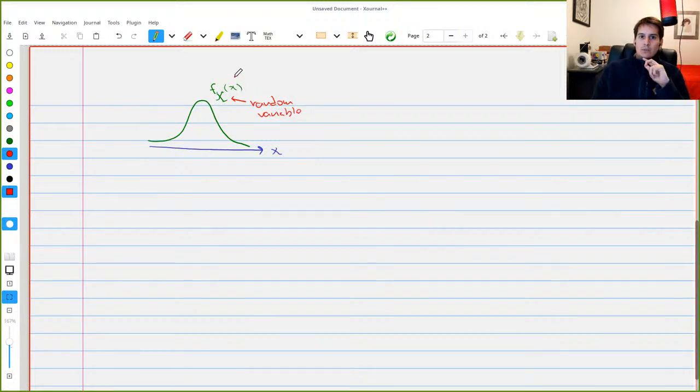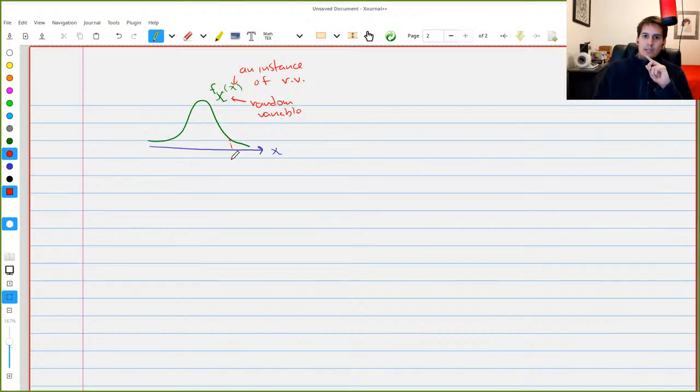And when you have it without caps, that means an instance of the random variable. Basically, here you are evaluating at points.